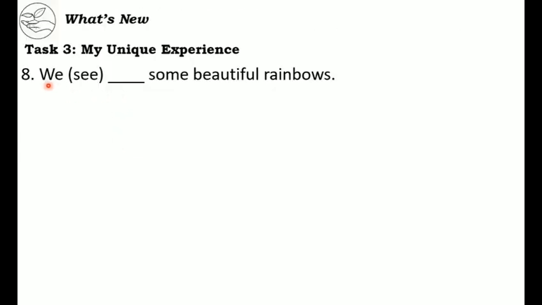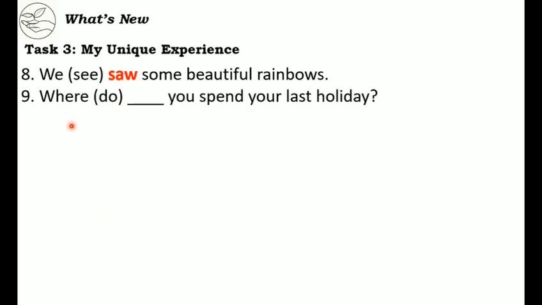Now, number 8. We see some beautiful rainbows. The past tense of see is saw. Okay. Now, here, our present tense is see. Nagbabago ang spelling niya pag naging past tense, nagiging saw. Okay. Next, number 9.